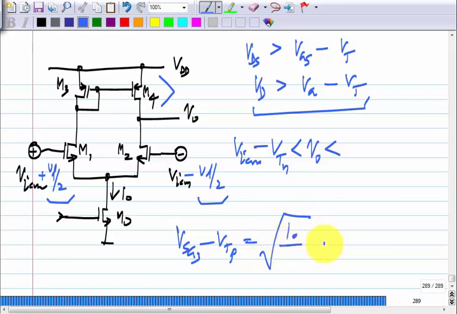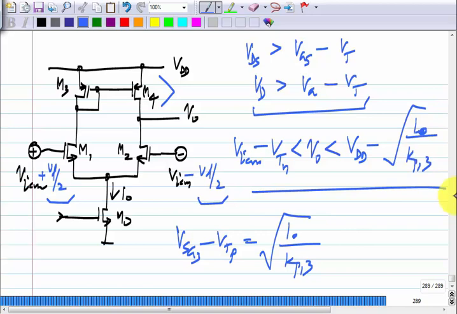Square root of I naught by KP3. I will use the symbol 3 for both M3 and M4 and 1 for both M1 and M2. Okay. So, V naught is less than VDD minus square root I naught by KP3. Okay. This is fine.